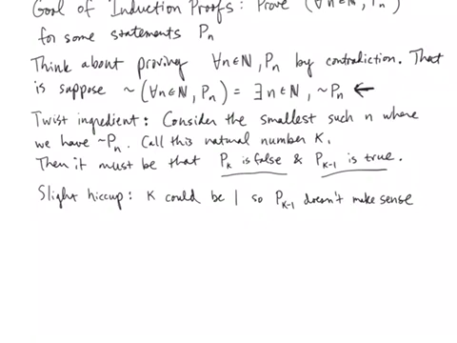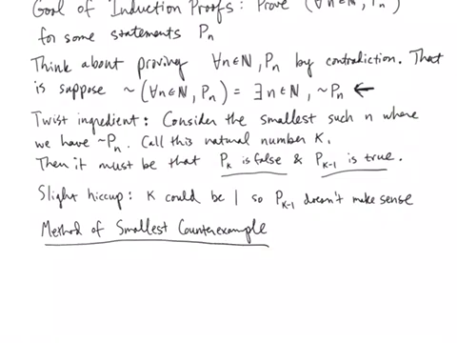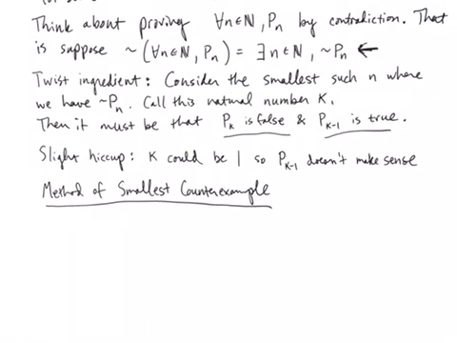Okay, so that leads to the following method, which is called the method of smallest counterexample. Here you're trying to prove that for all n in N, some list of propositions is true.